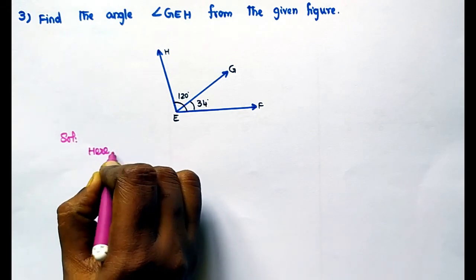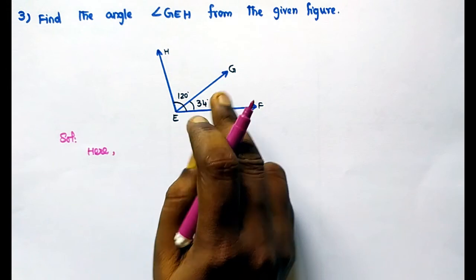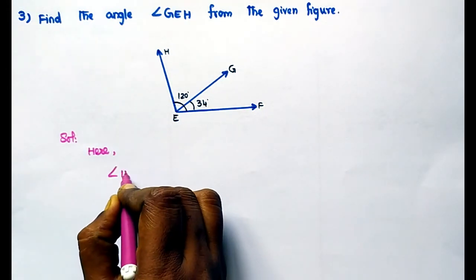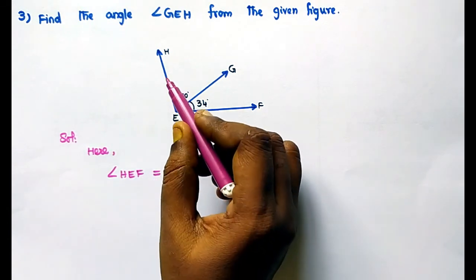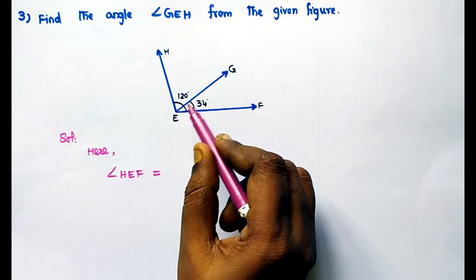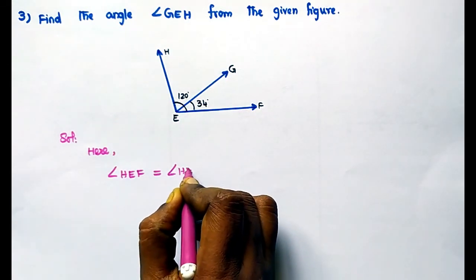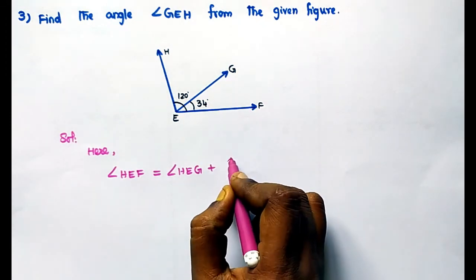Here angle HEF equals angle HEG plus angle GEF.